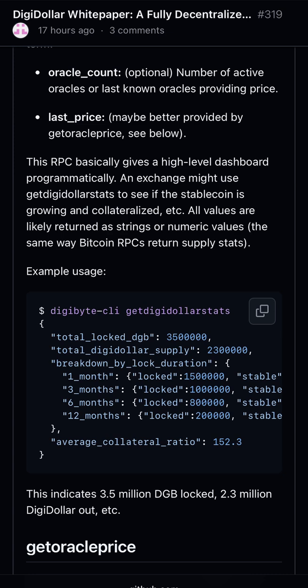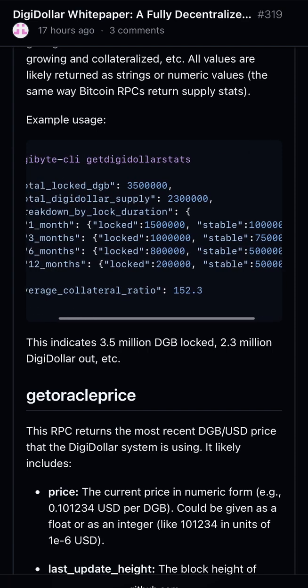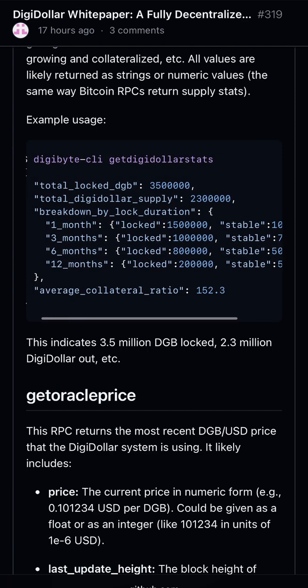Example usage: digibyte-cli digidollar stats. Total locked DigiByte, 3,500,000. Total DigiDollar supply, 2,300,000.